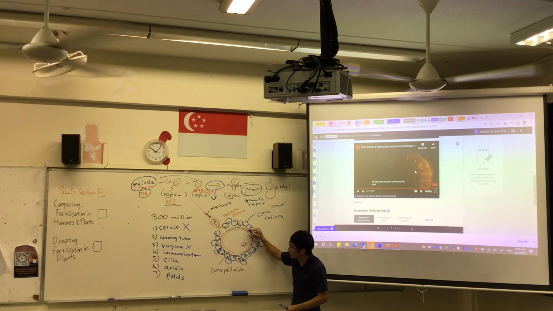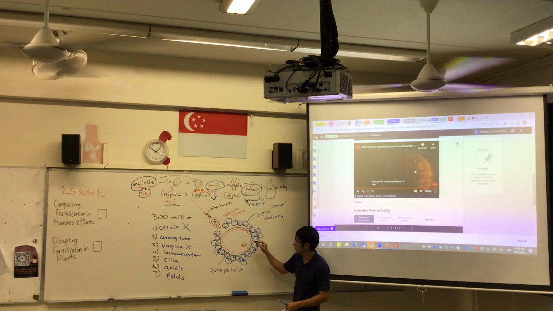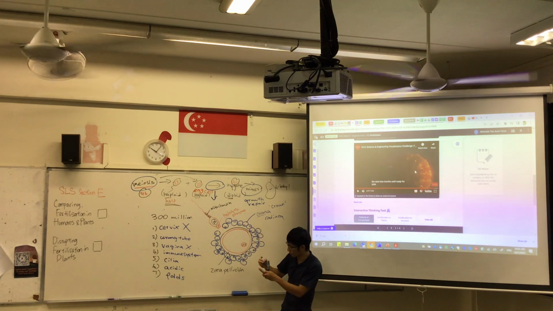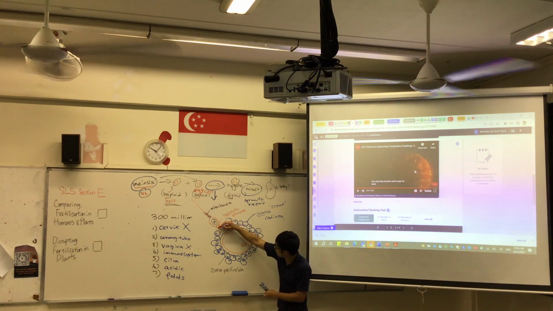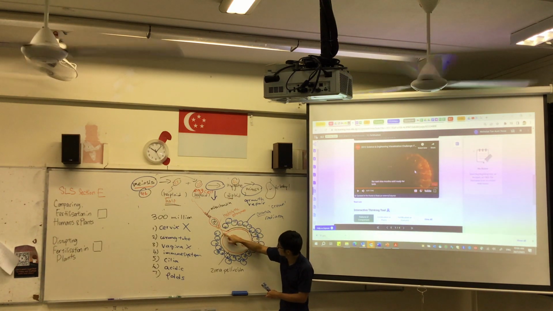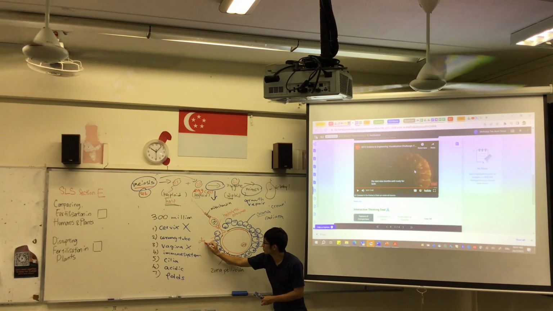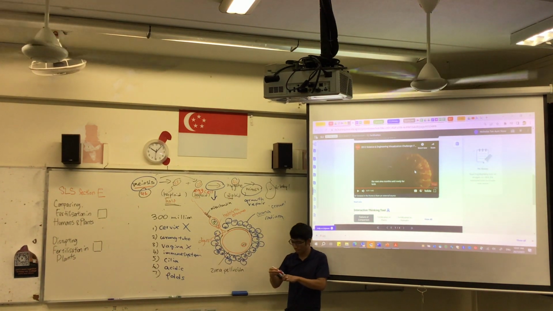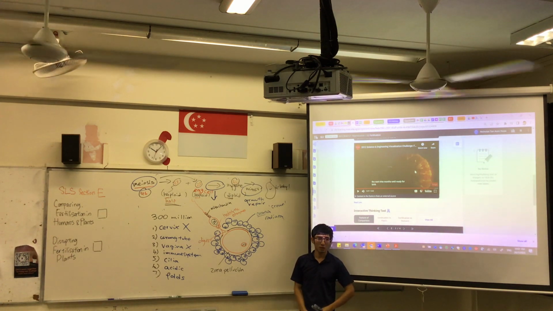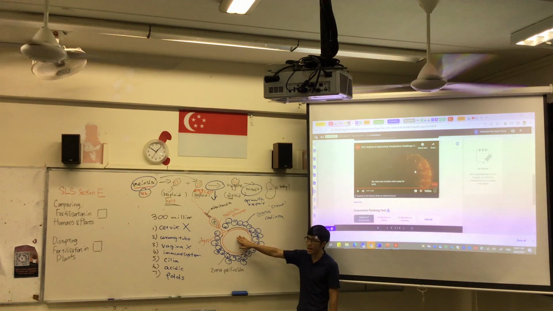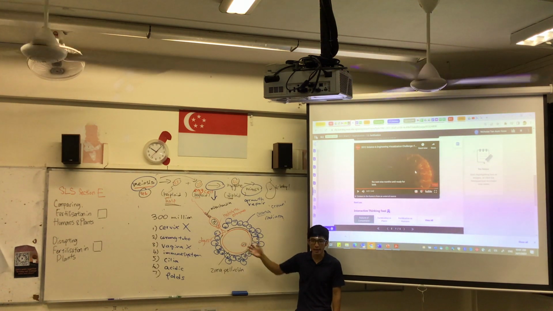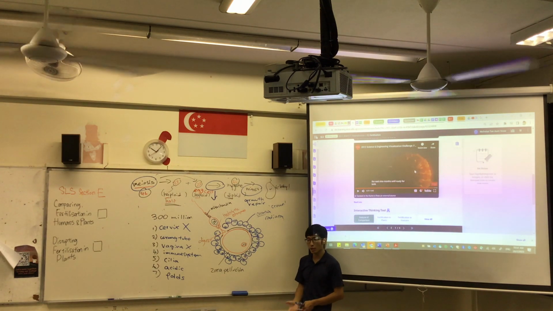This layer is made up of a lot of glycoproteins. And this is where the enzymes come in useful. The enzymes are meant to digest this layer so they can reach the egg. Once digested, it can reach the egg and fuse with the egg. That's when fertilization occurs. Then you get the zygote.